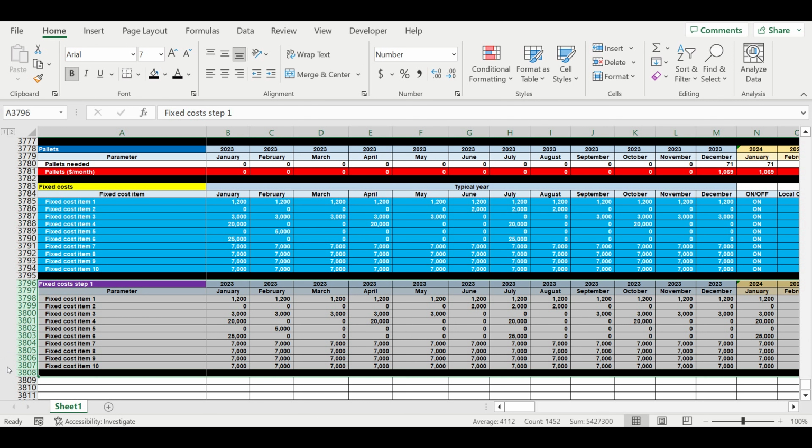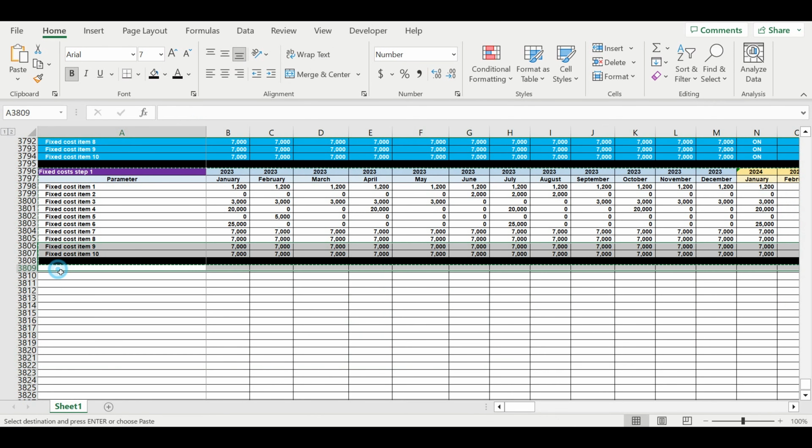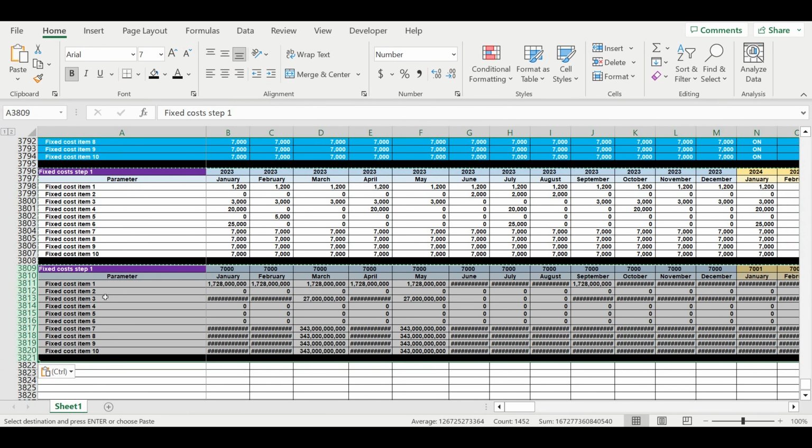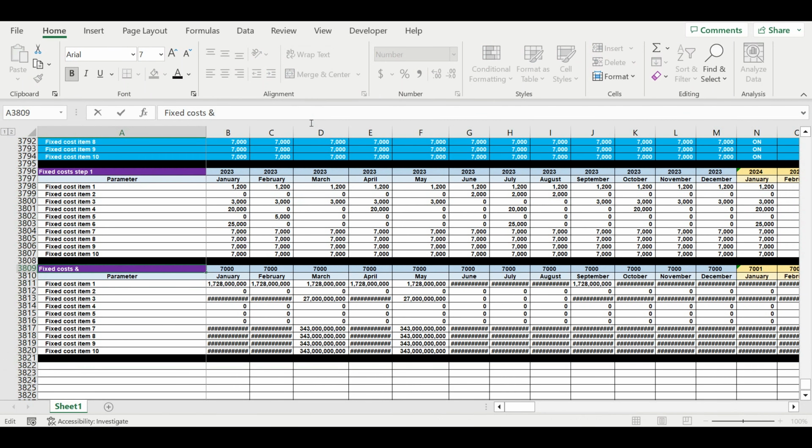So this is the first step, and then fixed costs, this will be dollar per month. So here we will place the item for each of the fixed costs.